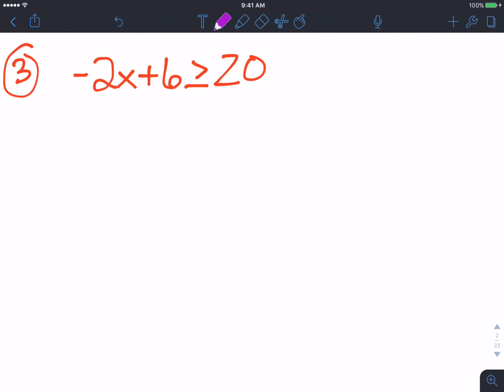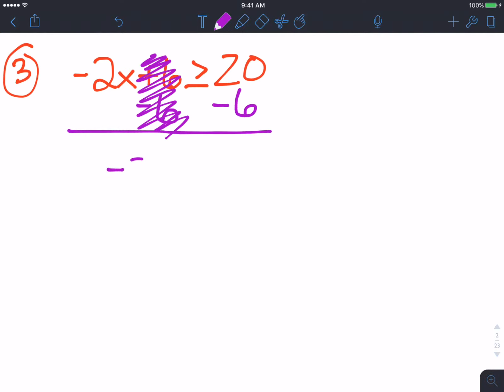Let's start this like we started the last two. Negative 2x plus 6 is greater than or equal to 20. My first move is to subtract the 6 because I need to get these to cancel out. So then I subtract 6 on the other side. And what I get is negative 2x is greater than or equal to 14.